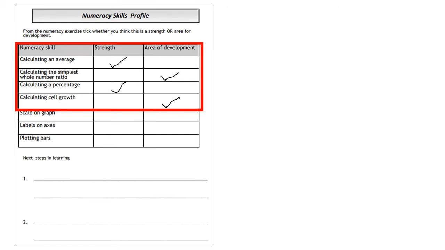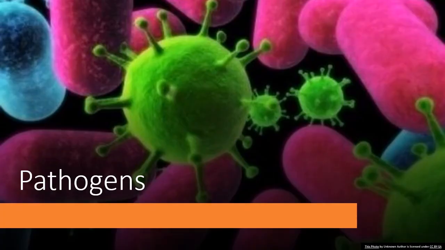What are you going to do to try and improve your areas of learning? Whether it be practice questions, go over the slides, look at some other examples, look at the worked examples again. Whatever you're going to do, write down 2 points that you're going to do to improve your next steps in learning.